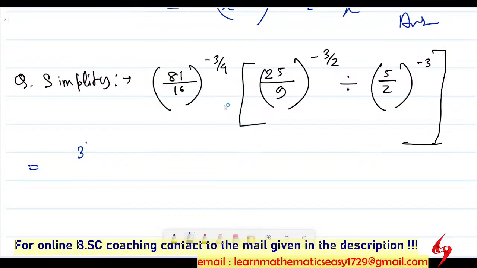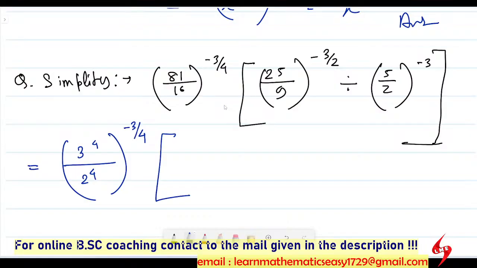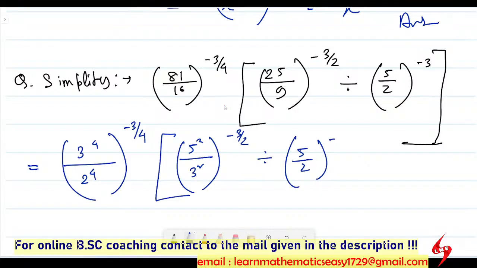This means 3 to the power 4, 16 to the power 4, whole thing will be minus 3 by 4. This is my 5 square, this is my 3 square, 3 by 2, 8 by 2, to the power minus 3.